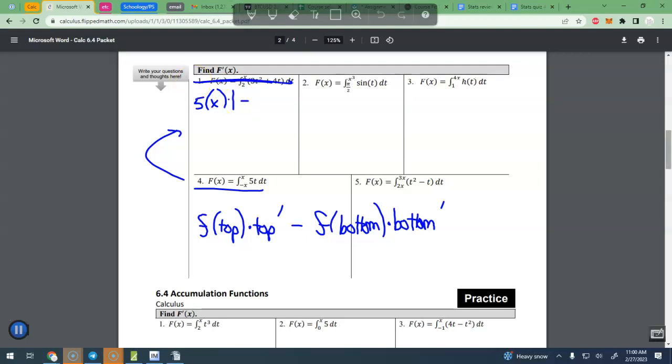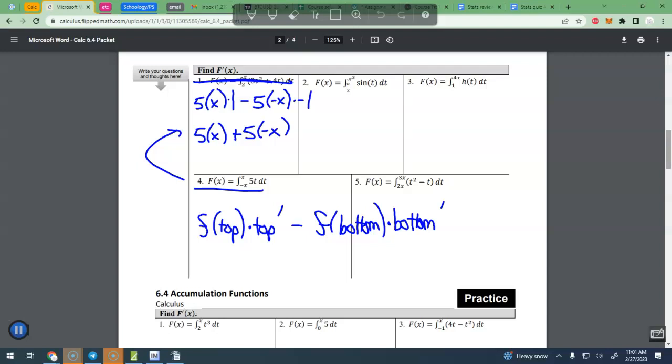Minus plug in the bottom. So this will be 5 times negative x times the derivative of the bottom. So what's the derivative of negative x? Negative 1. You could just leave it like that. I think the AP test would probably rewrite it like this, negative 5 times negative 1 is plus 5. But this is fine too. How's that one?